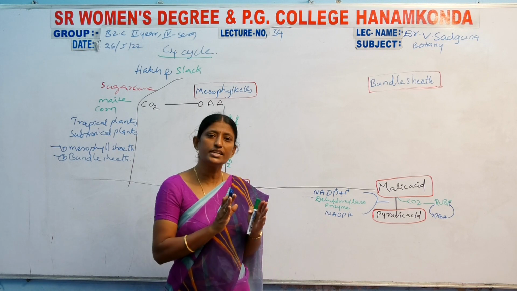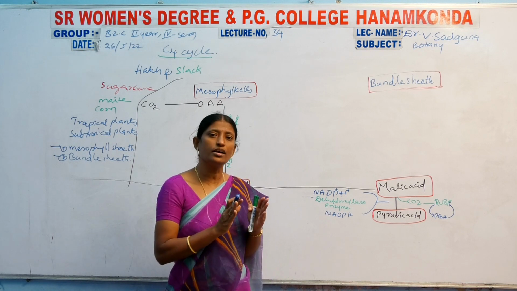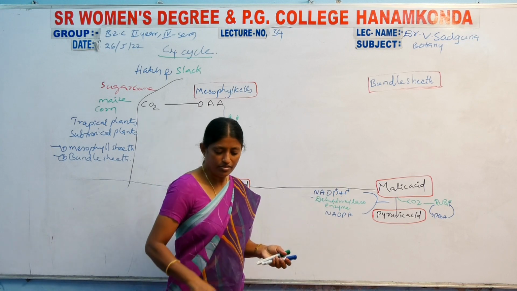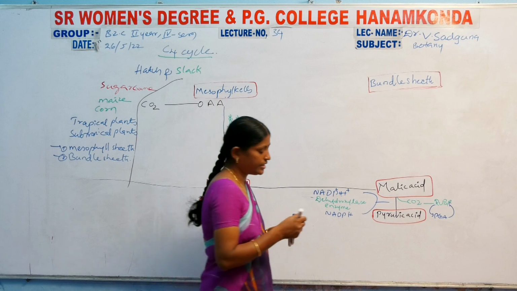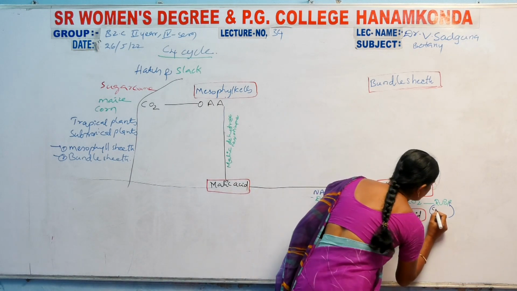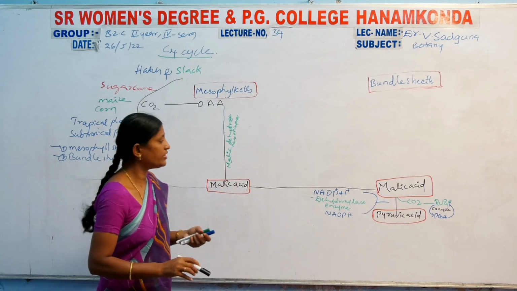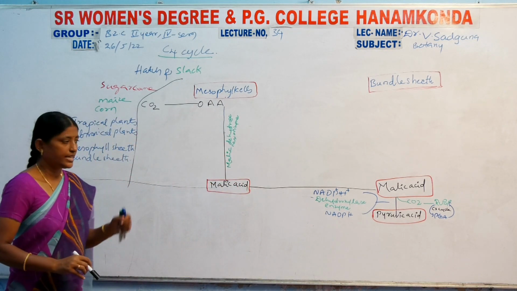Again phosphoglyceric acid is converted to RuBP. So this is involved in the C3 cycle.